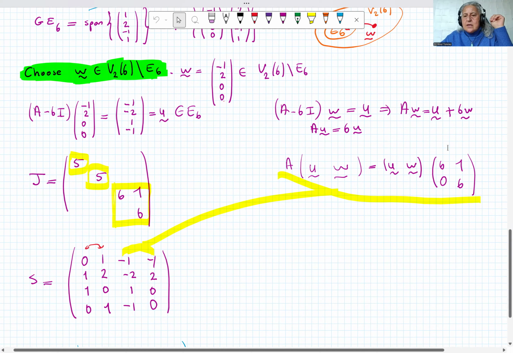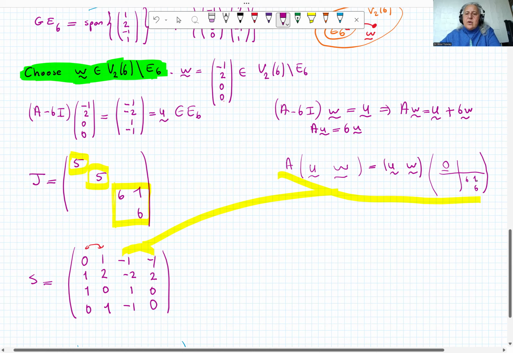I've done a little bit of quick work here: there should be a block of zeros here, and then a block of 1 here. That's how it's fixed.